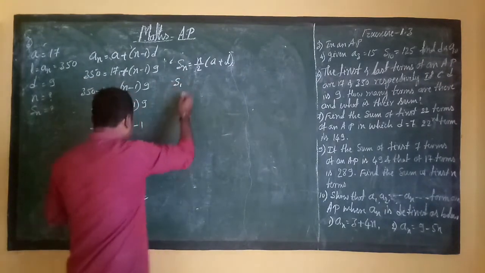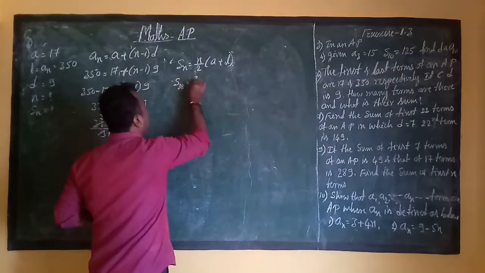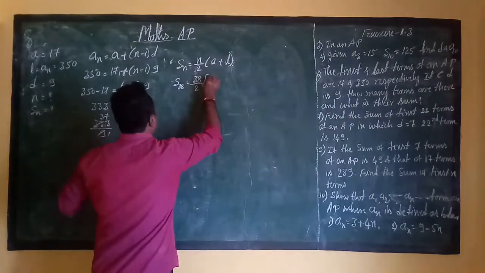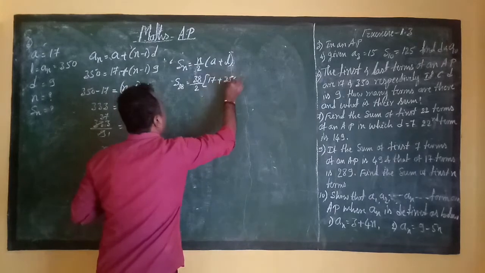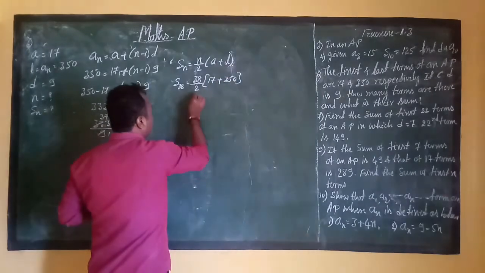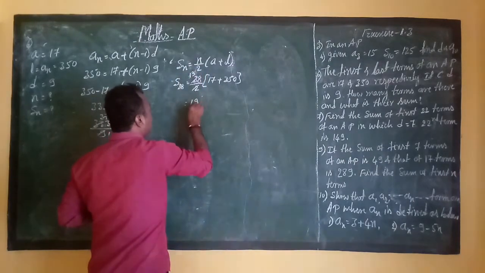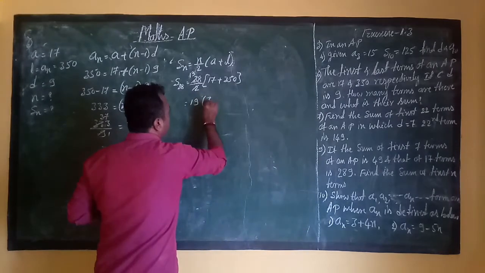So n is 38. So S38 is equal to 38 divided by 2 into (a, the first term, is 17, plus last term 350). So 2 ones are 2, 2 nines are 18, remaining is 19, and then 350 plus 17, how much? 367.